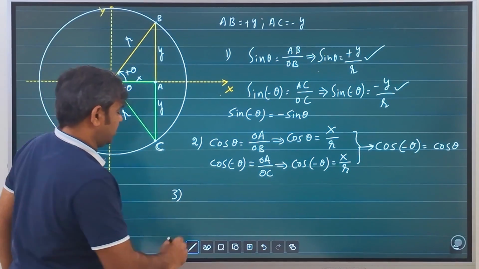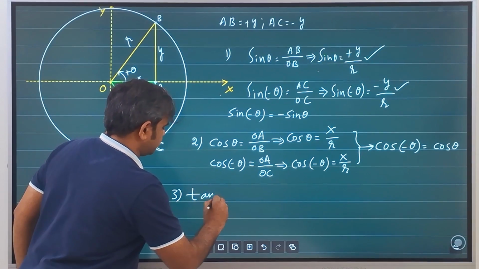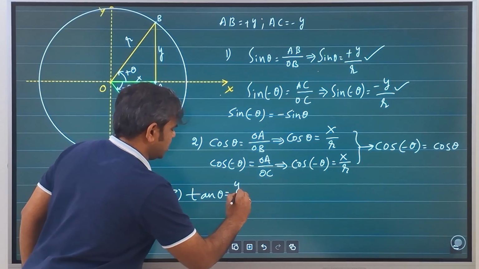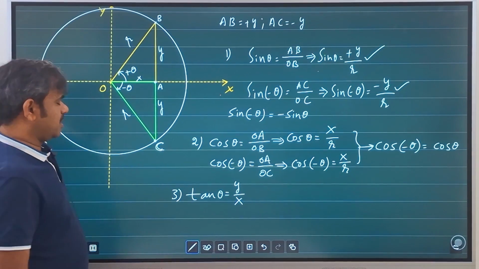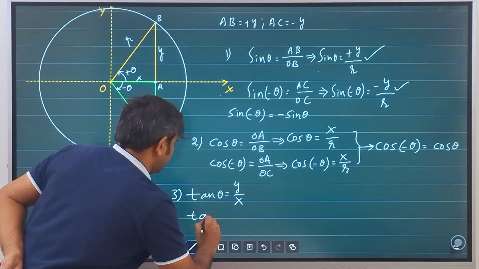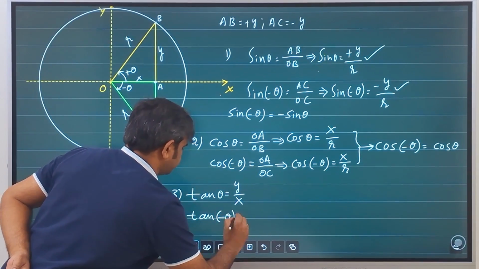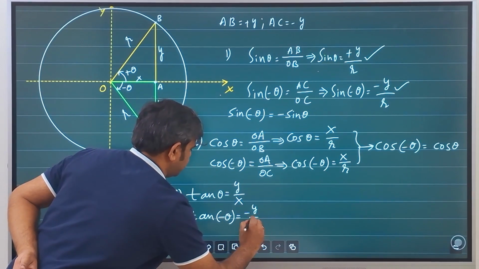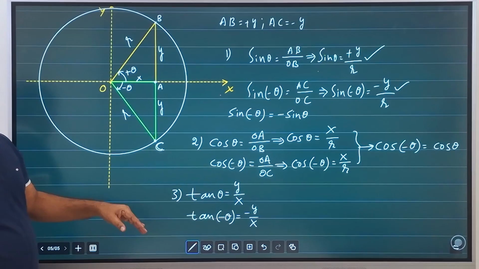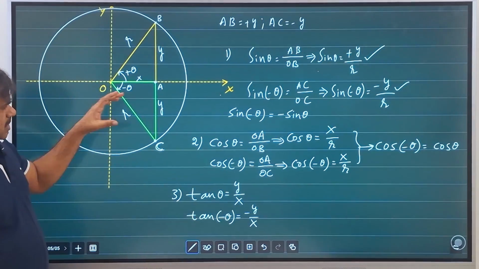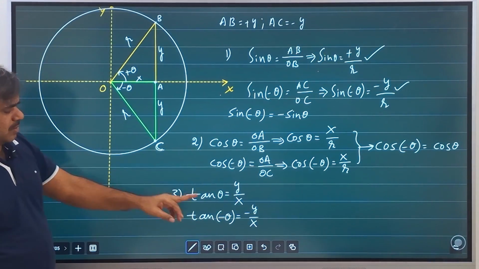Third function, tan theta. Look at the figure. Tan theta is equal to y by x. But tan minus theta is equal to minus y by x. In the right angled triangle below the x-axis, opposite side is negative.